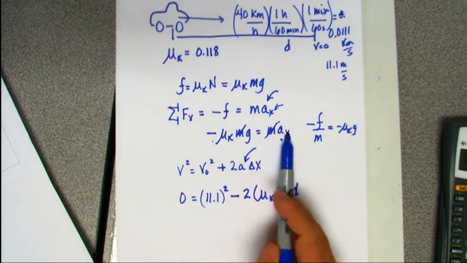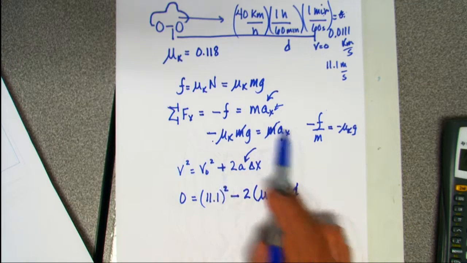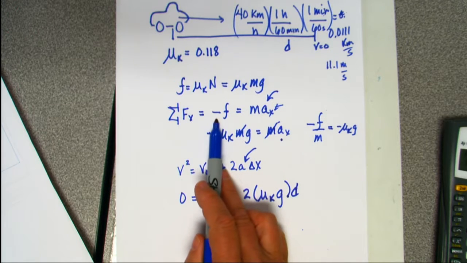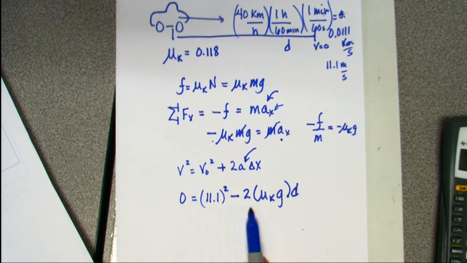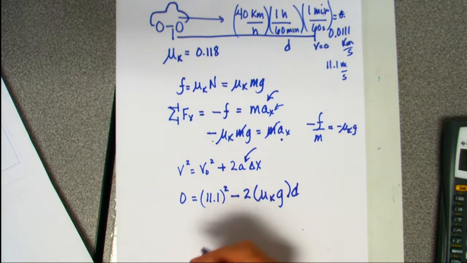I could have gotten that directly from my force due to friction setup, but we also know it's a deceleration, so you can get that negative a couple of different ways. We know g, so we're just going to solve for d.